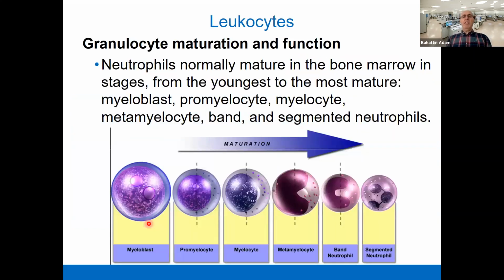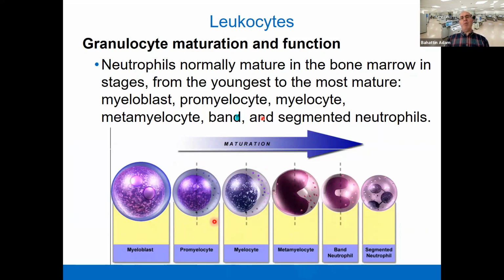Now you see here the maturation of the leukocytes, the white blood cells, from the youngest to the most mature. You don't need to memorize the names of each of these leukocytes.